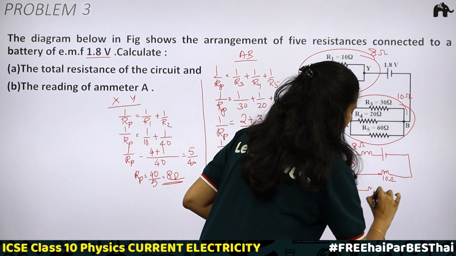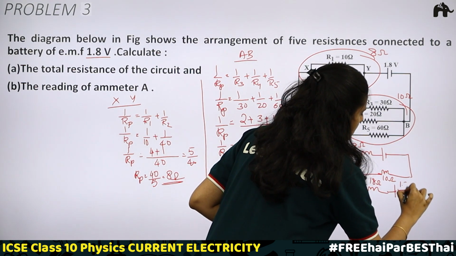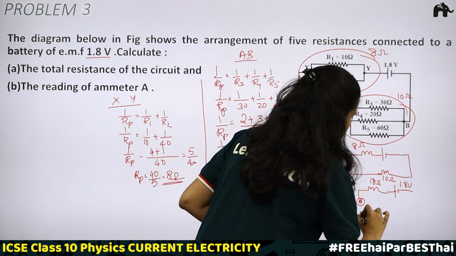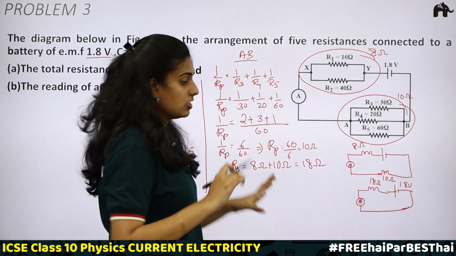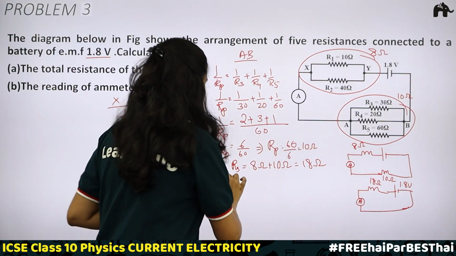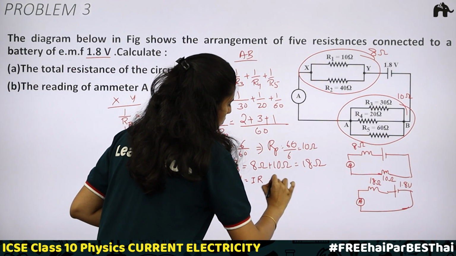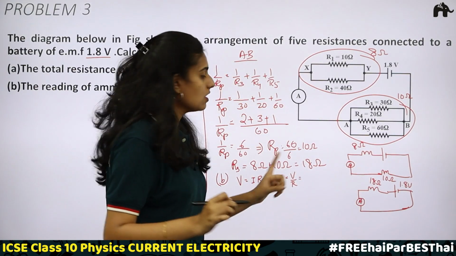In the simplified circuit, you have an 18 ohm resistor, a 1.8 volt battery, and an ammeter. We have to calculate the ammeter reading, which means we have to calculate the current value. For part B, according to Ohm's law, V is equal to IR, which implies I is equal to V divided by R. What is V?